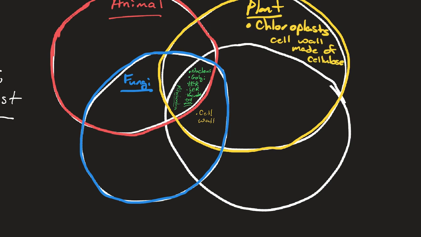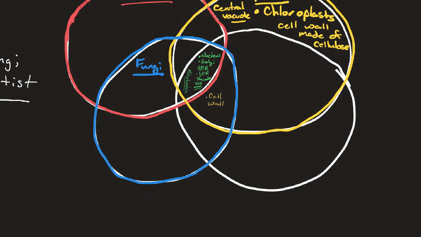And they have something else that other cell types don't have, a central vacuole. Now, fungi have cell walls, but they don't have chloroplast.